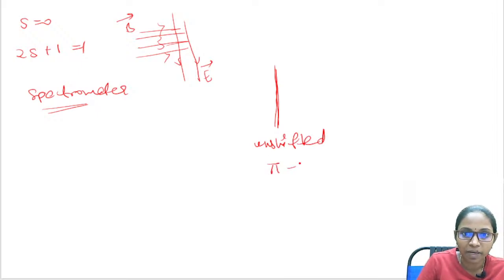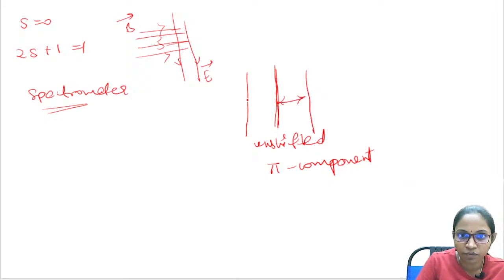This is known as the pi component, and you will observe two more lines which are equally spaced from this pi component, named sigma components. These lines will be perpendicular to this electric field.